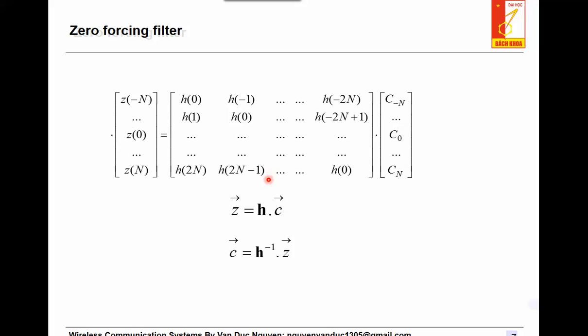Now we write it in matrix form: Z is the vector output of the filter, S is a channel matrix, and C is the filter coefficient vector.